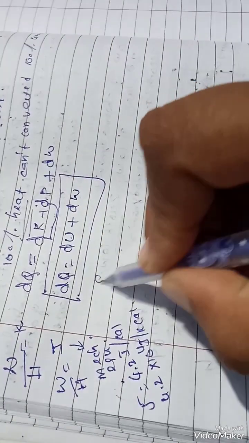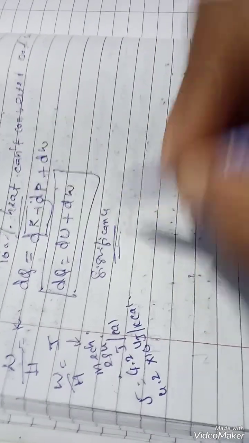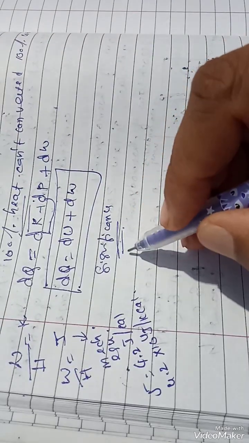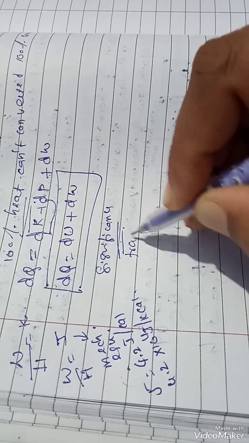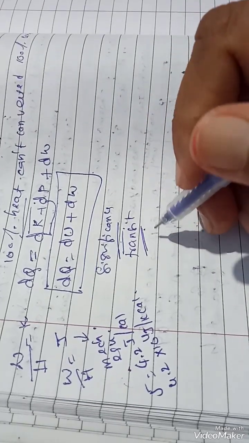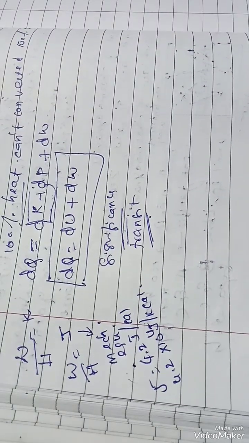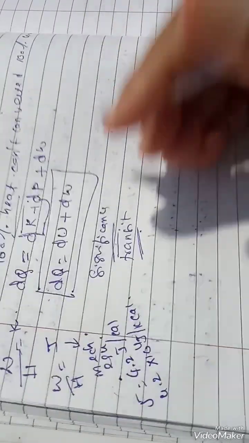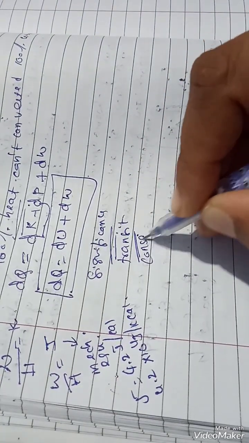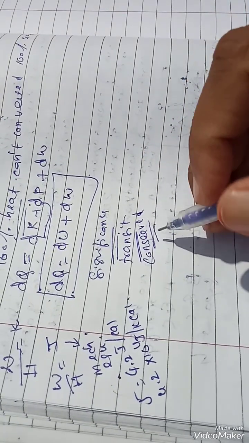And the significance of this is, heat is a form of energy in transit. Heat is a form of energy in transit. It gives three basic ideas. Okay. First one, heat is a form of energy in transit. Second, energy is conserved in a thermodynamic system.